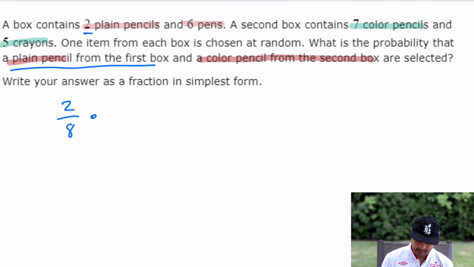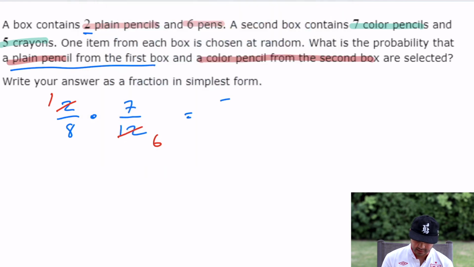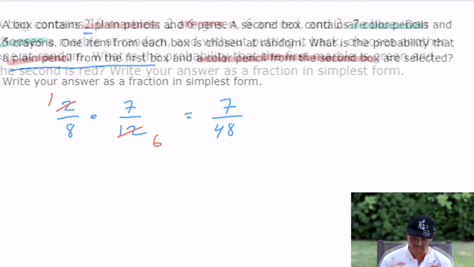And then probability and a color pencil from the second box. So 7 color pencils out of 12 because there are 5 crayons there. So let's see, this is 1 and 6, nothing else. So this is going to be 7 out of 48. And that's in the simplest form.